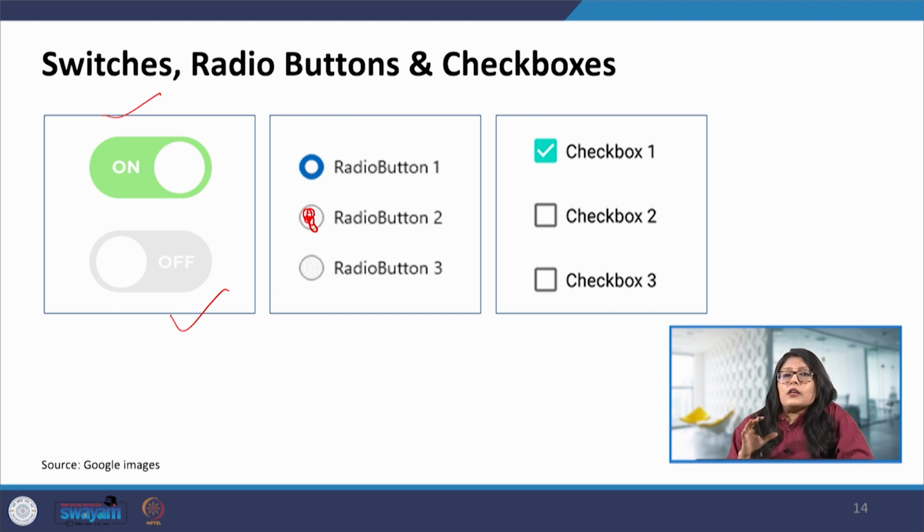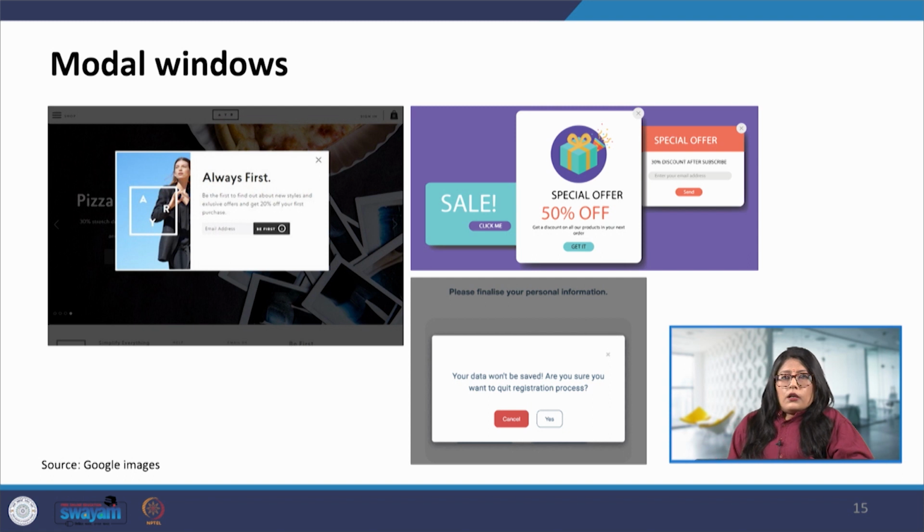When we see a checkbox, we know that we can fill in more options, or when we see the radio button, we know that we can only select 1 option. So how do we use these, where do we use them, so that the design language of our work is consistent. Modal windows are these windows that you may have seen.